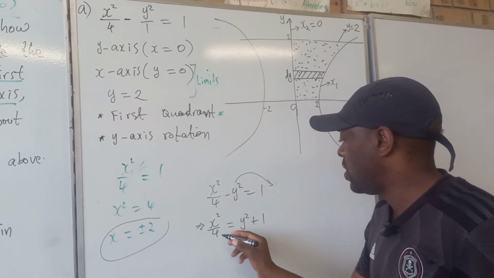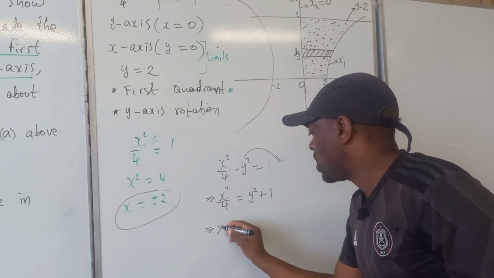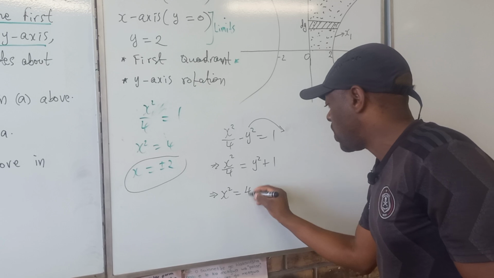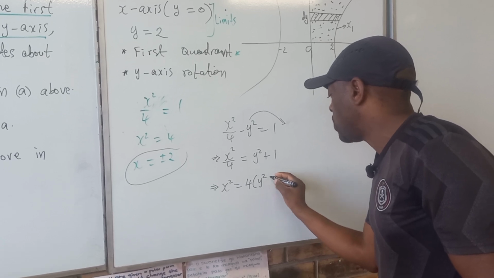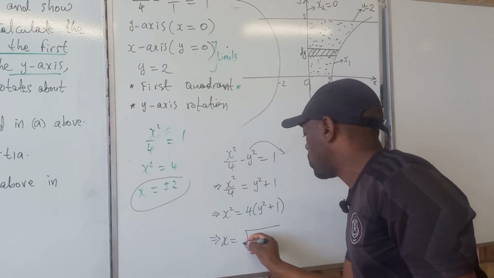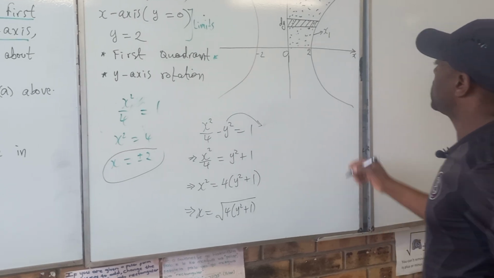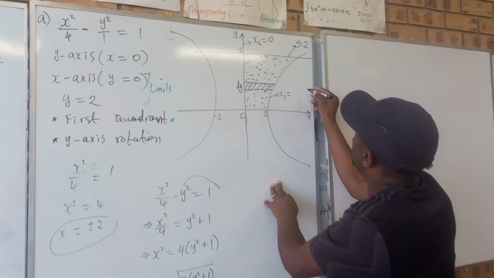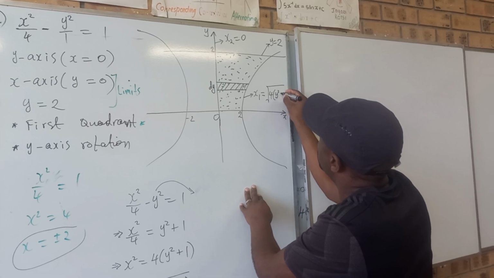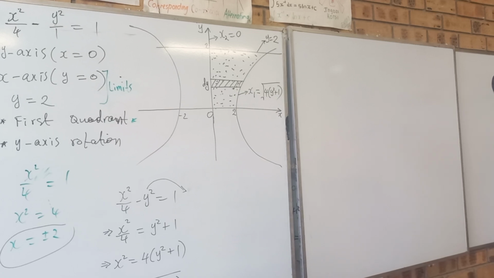Then my 4 will move, so multiplying both sides by 4, I get x squared is equal to 4 into y squared plus 1, so that x is the square root of 4 into y squared plus 1. So that's what I call my x1. So my x1 is the square root of 4 into y squared plus 1. There, I'm done with my graph.